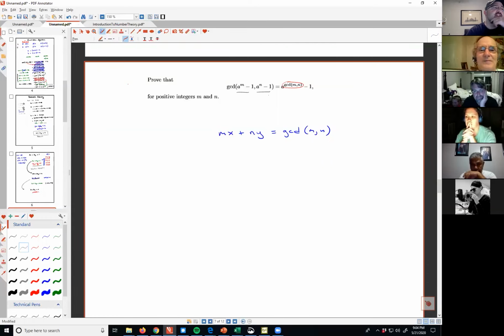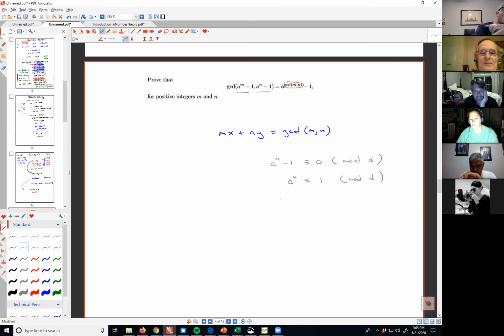Whatever this GCD is, maybe we call it D, and we say, well, a to the m minus 1 is 0 mod D, which is the same thing as saying a to the m is congruent to 1 mod D. And similarly, I'll just go ahead and jump to it, a to the n is congruent to 1 mod D.